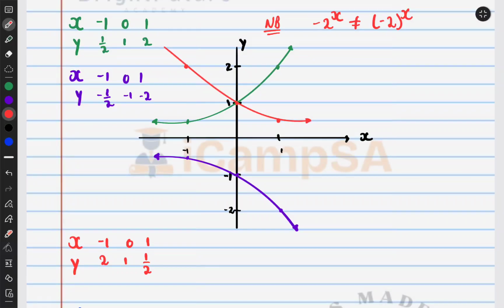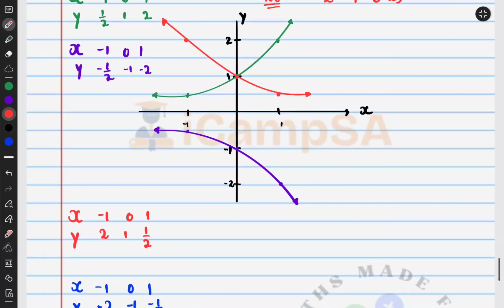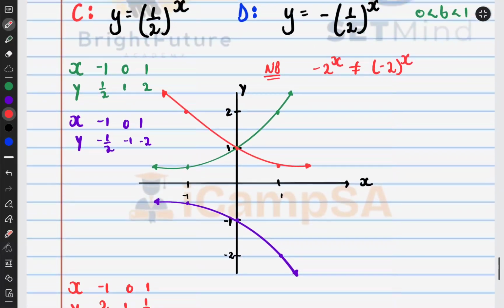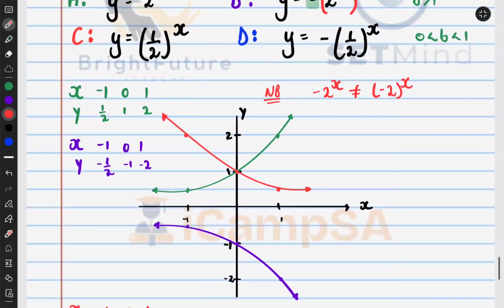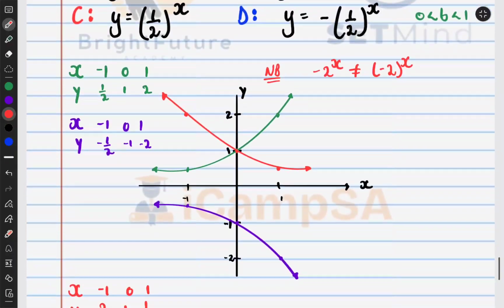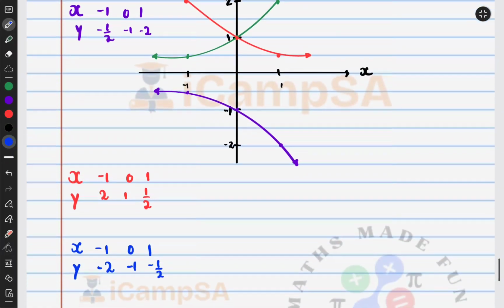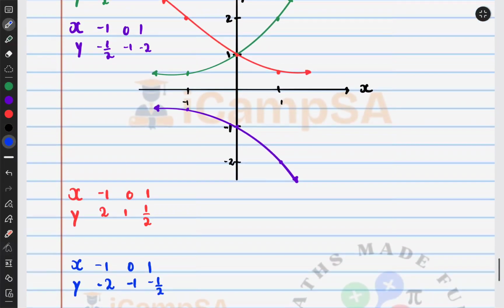We join the function, and then the other function, d, which should be the reflection of this function, let's sketch it. We have -1 and -2 here, and 0 and -1, and 1 and negative half.